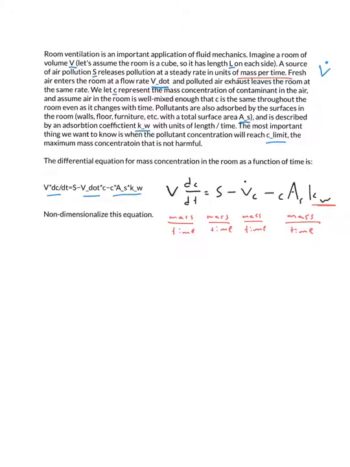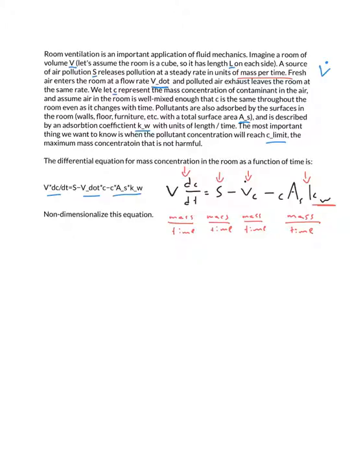Incidentally, now you can see why the units of K sub W may seem a little random. It's because it makes this work out. And so we have the pollutant going into the room minus the pollutants leaving the air in the room, either through the exhaust or through the surfaces. Put all those together and you get the accumulation of pollutant over time. So all of that checks out and makes sense.